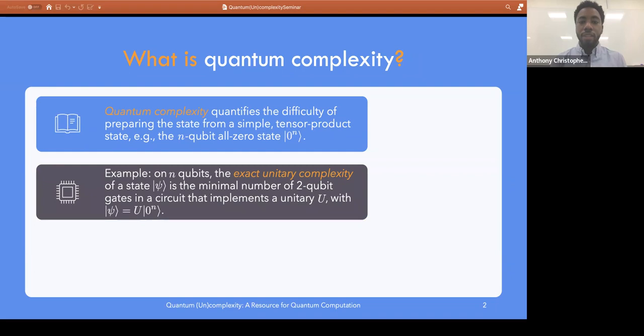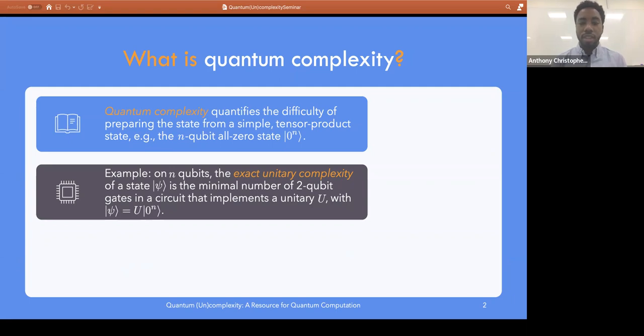Now, there are different ways that we can give a mathematical definition to quantum complexity, but the best starting point is the exact unitary complexity on n qubits. So this is the notion of complexity that you would first think of.